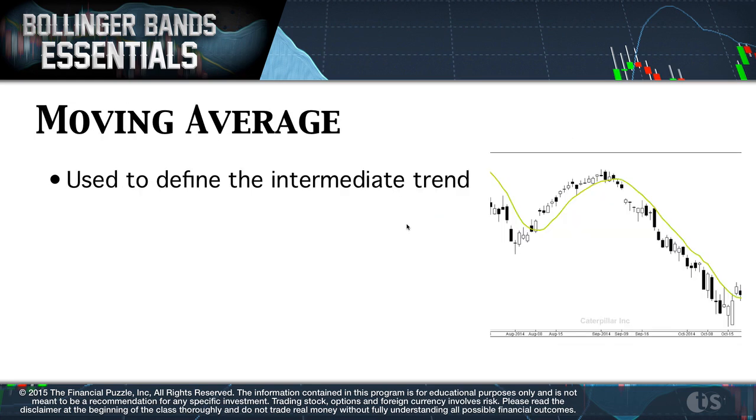When we talk about the moving average, this is used to define the intermediate trend. If you go back to some of our Foundations of Stocks and Options teachings, you'll discover that we use three short-term moving averages: the 10, the 20, and the 50 period, and we state that they outline the intermediate trend. That's exactly the same theory that John Bollinger is building from.